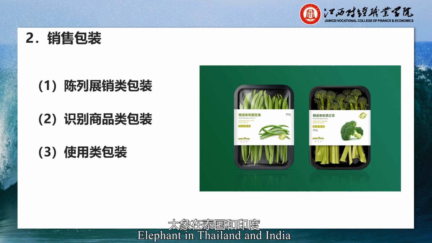For example, the elephant in Thailand and India is considered a symbol of good fortune, but in the UK, it is considered a symbol of foolishness.